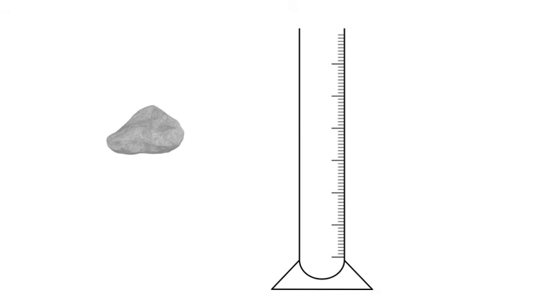It is important to find the mass first in this case, as the stone will still be dry. If you find the mass of the stone after it is placed in the water, it will be wet. Being wet means that it has some water particles with it, which means that our results will be slightly inaccurate. So keep in mind that first we take the mass of the object and then we place it in the water.